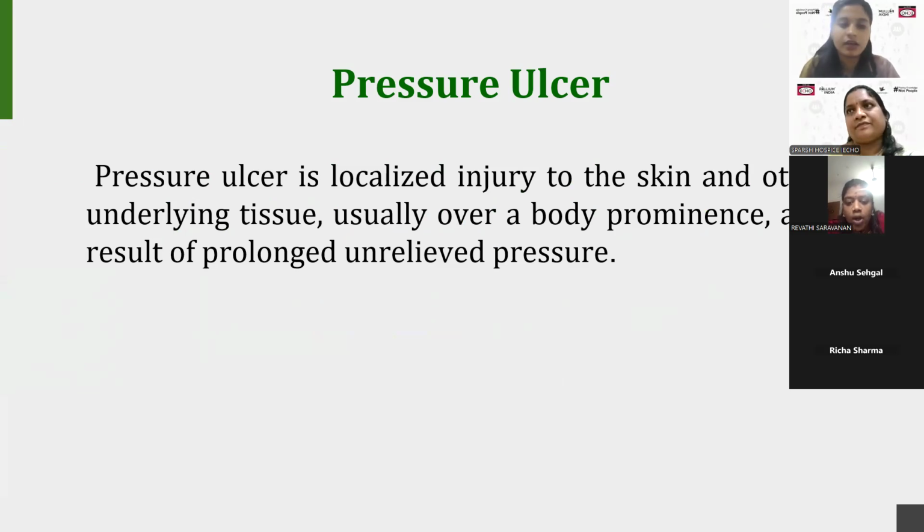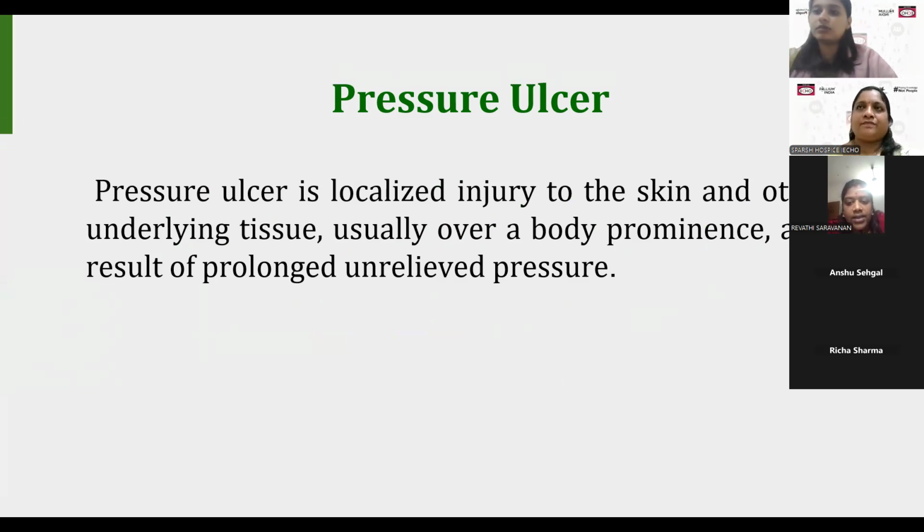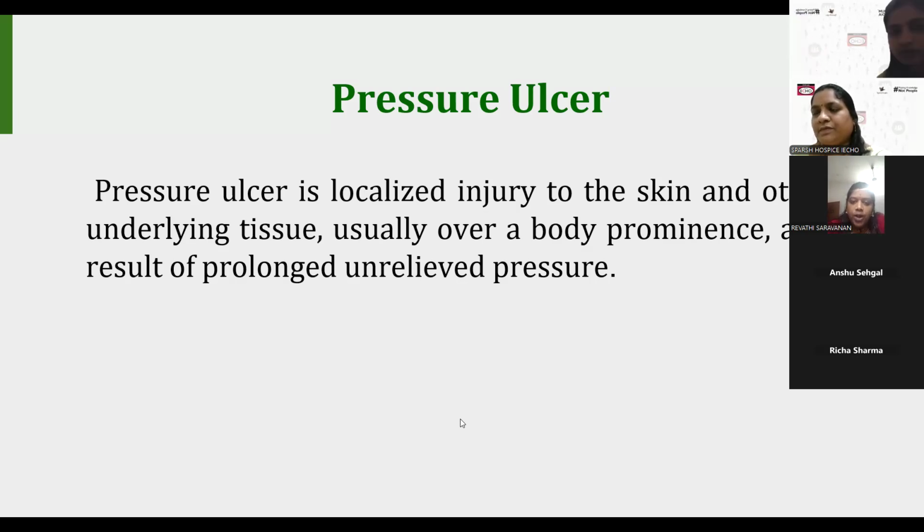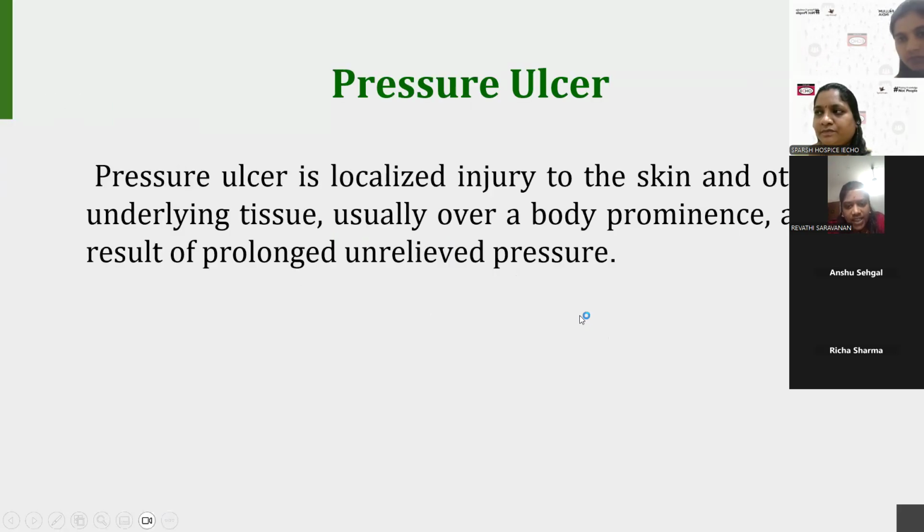Pressure ulcer is a localized injury to the skin and other underlying tissue, usually over a body prominence, as a result of prolonged unrelieved pressure. Here you have to understand that a pressure ulcer starts as a localized injury on the superficial skin in the initial stage, and then goes to the underlying tissue under the skin.